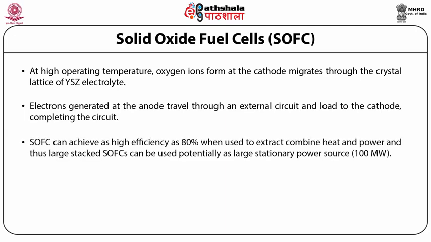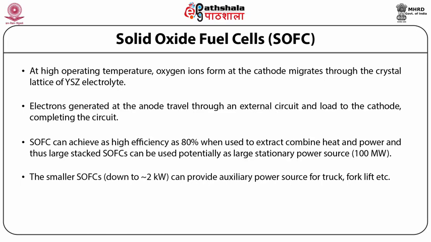SOFCs can achieve efficiency as high as 80% when used to extract combined heat and power, and thus large stacked SOFCs can potentially be used as large stationary power sources.